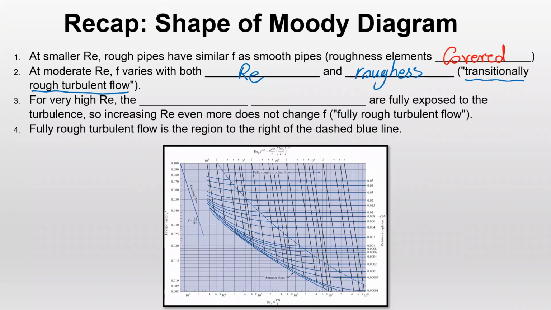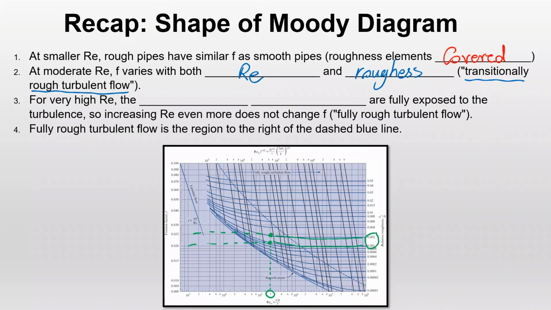So, if your Reynolds number is moderate, somewhere over here, for example, then when you go up, there is a gap between these two lines, for example. So it's obvious that F changes with different values of relative roughness.